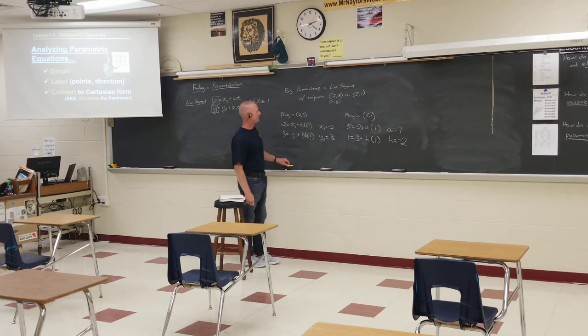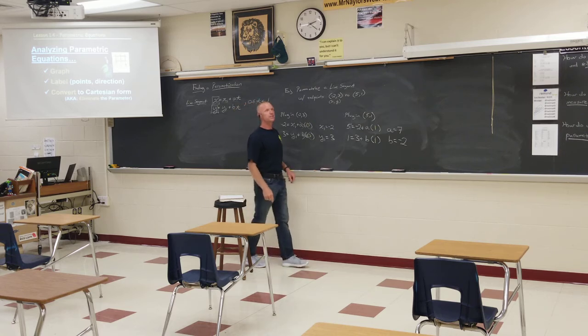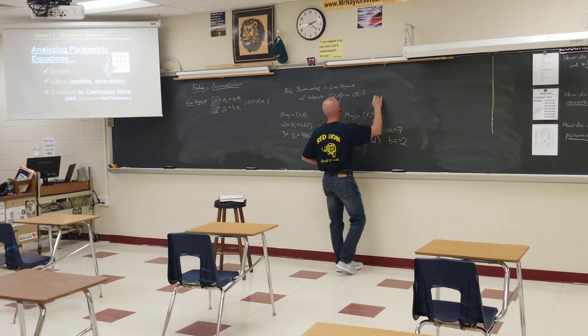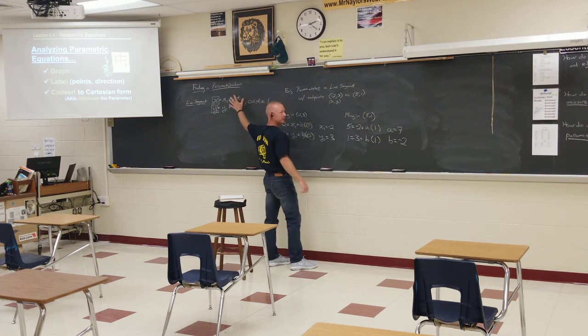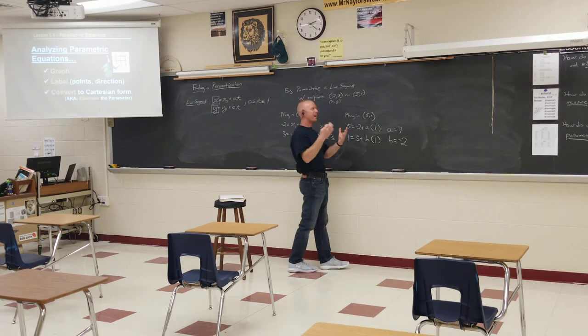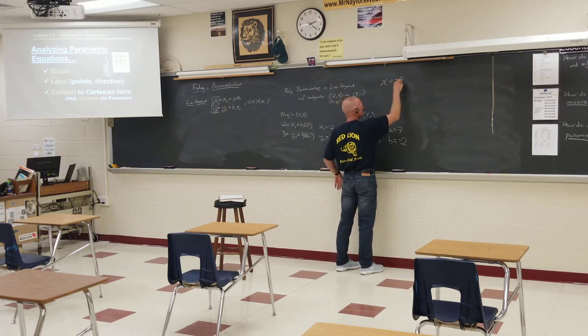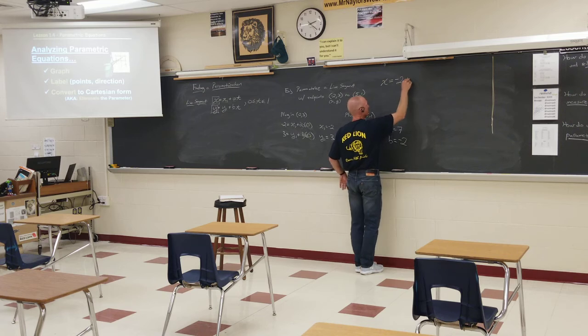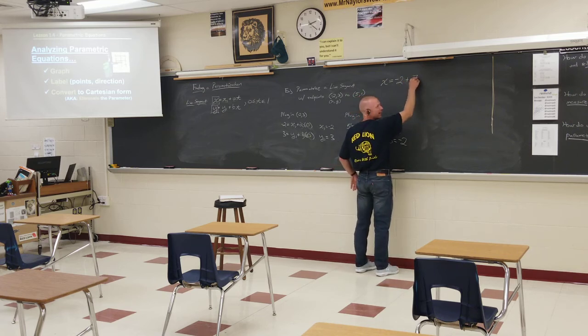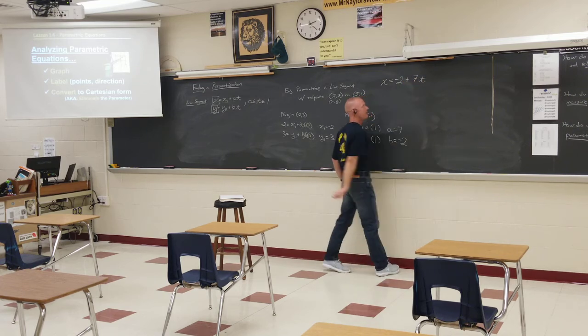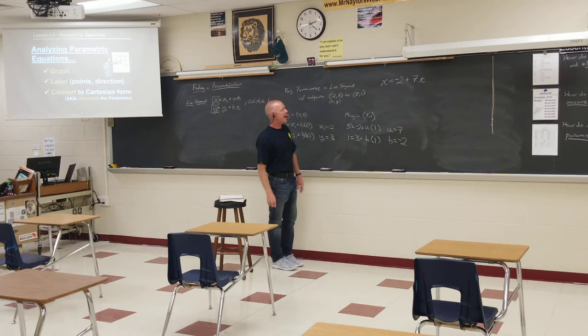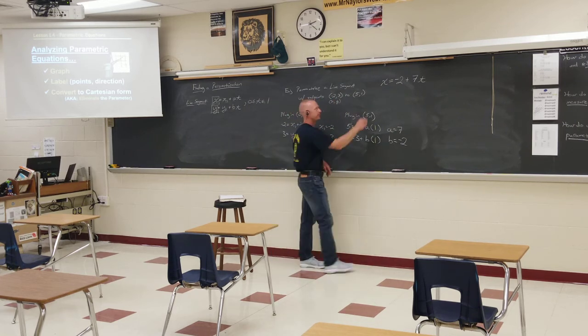Now, my final answer here is taking this information and in some sense recopying my formula. So my formula says that x will always equal x sub 1, which in this case is -2, plus 7 times t. Notice that I'm putting 7 in for A, I'm still using t.